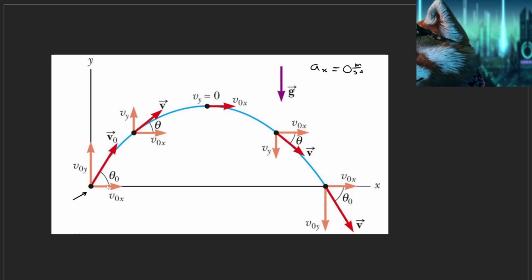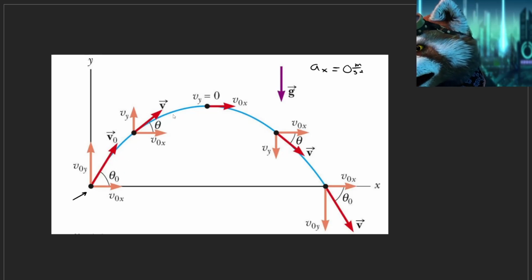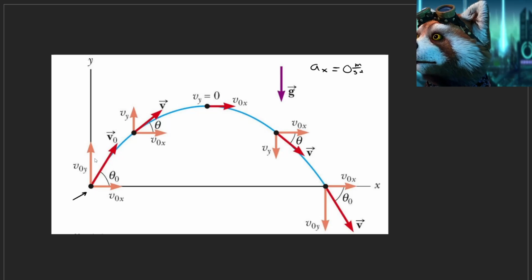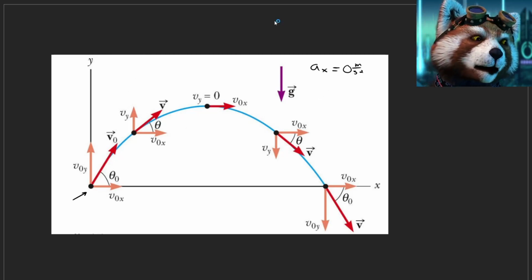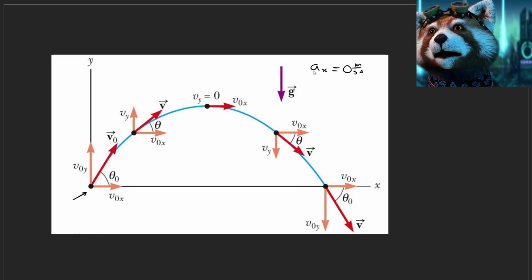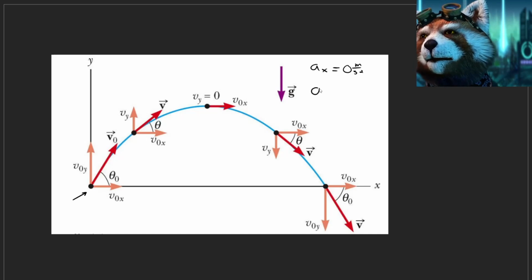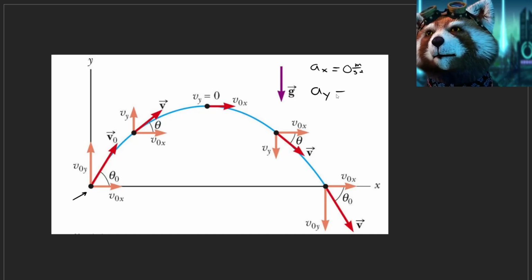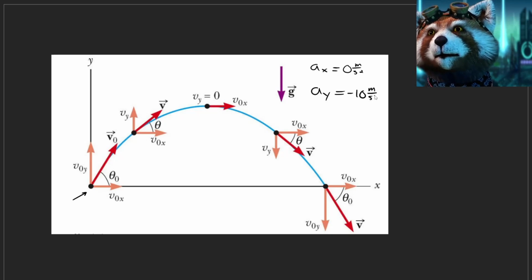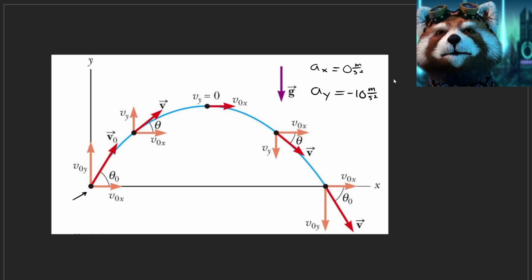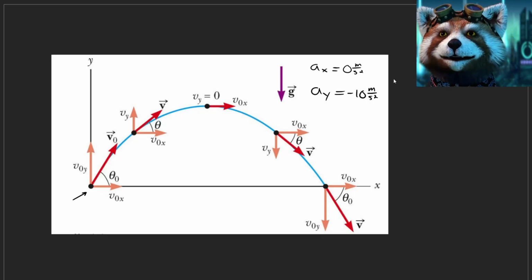And you can see as we get higher and higher, the velocity in the vertical direction is slowing down because we do have an acceleration from gravity. We will say that the acceleration in the y direction is equal to negative 10 meters per second squared. Negative, it's pointing down.